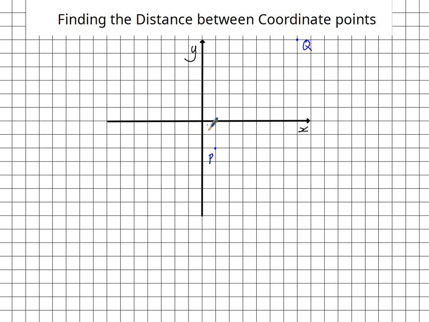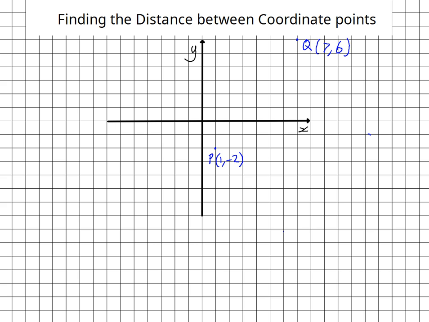So the coordinates of P are (1, -2). And to get to Q, we go 1, 2, 3, 4, 5, 6, 7 along, and 1, 2, 3, 4, 5, 6 up. So that is (7, 6) for the coordinates.